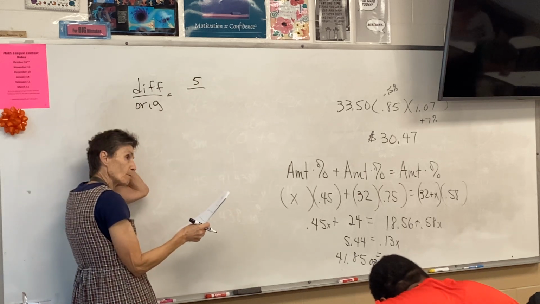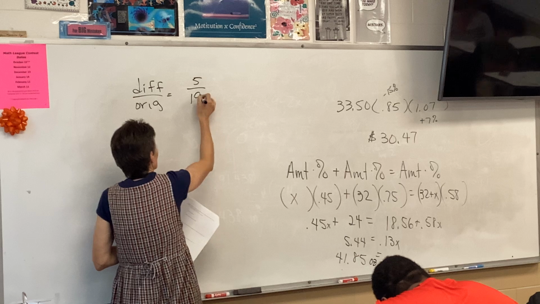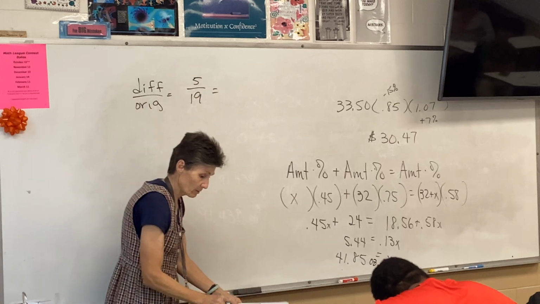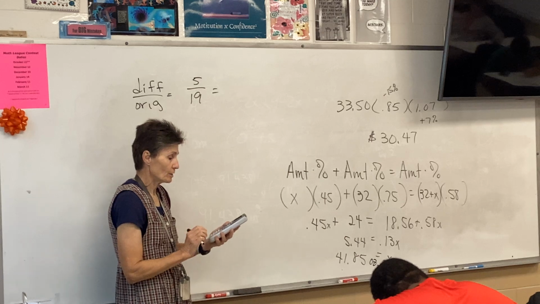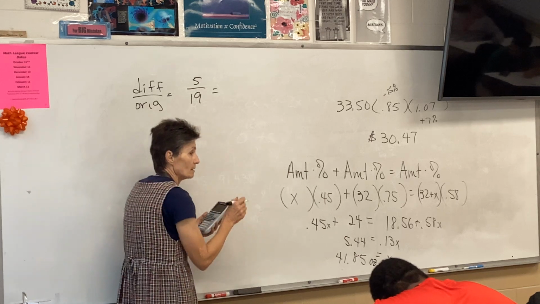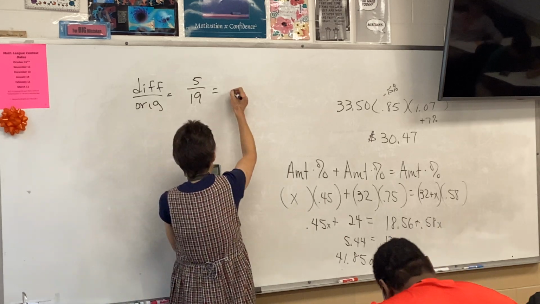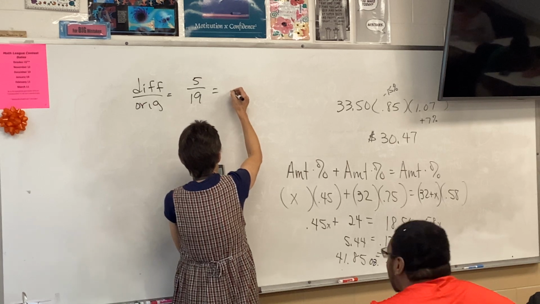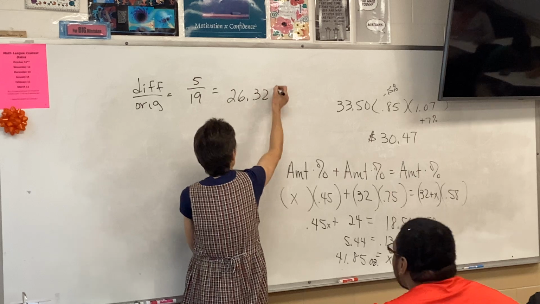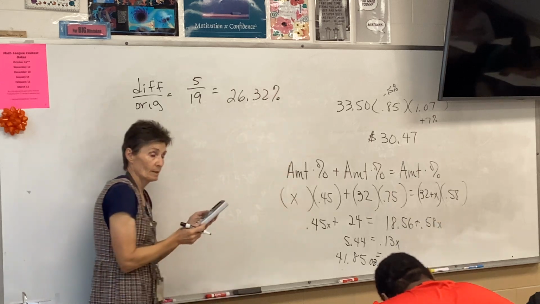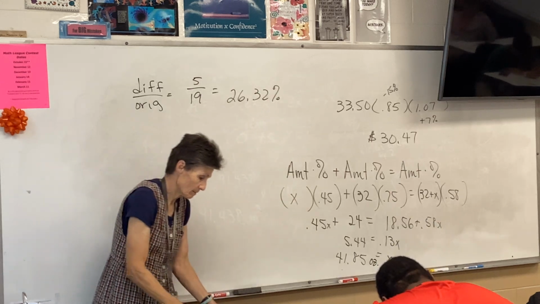What was the first number? 19. And then I'll go to my calculator. Remember, it's going to give you a decimal. You're going to change it into a percent. So what'd you get? 26.32%, if we round off to the nearest hundredth.